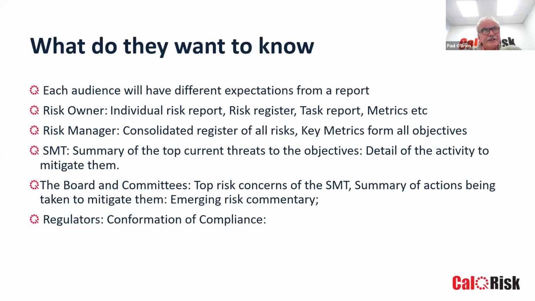The other question is, what does the audience need or want to know? Each audience will have their own view. But if you look at the levels, the risk owner will look for individual risk reports, they will definitely look for the risk register, and probably find that there are tasks associated with the risk, particularly if there are mitigation controls that need to be reinforced and mitigants missing.